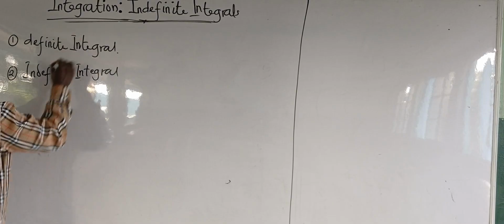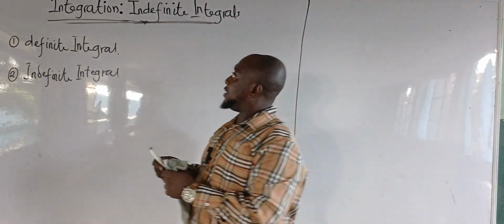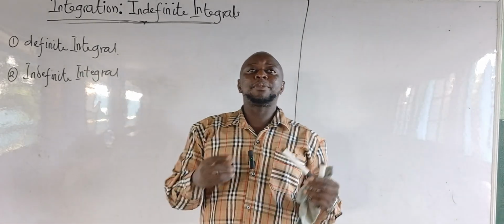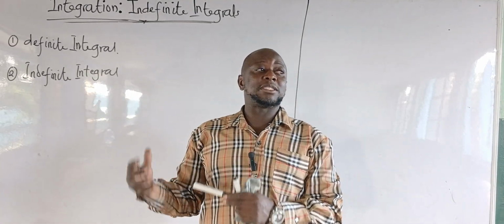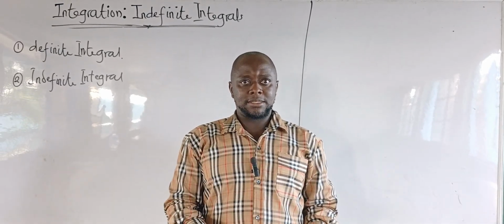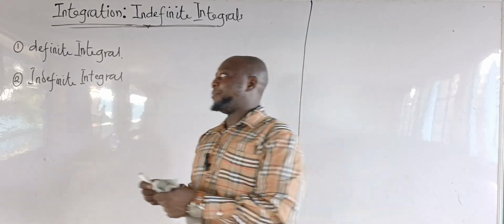So this is what we have. Now, what do we understand by the word definite integral? A definite integral is simply the kind of integration with upper and lower limits.